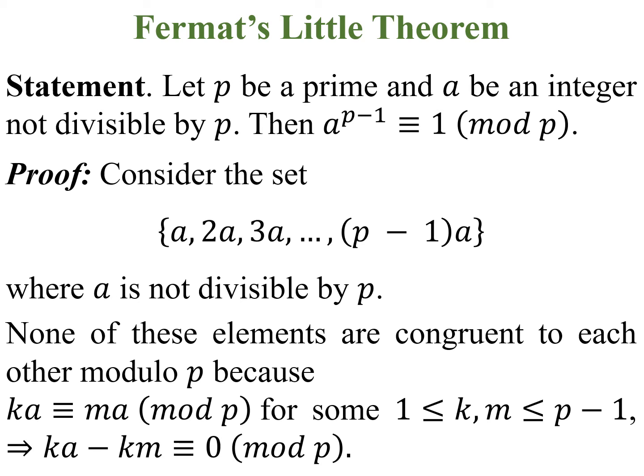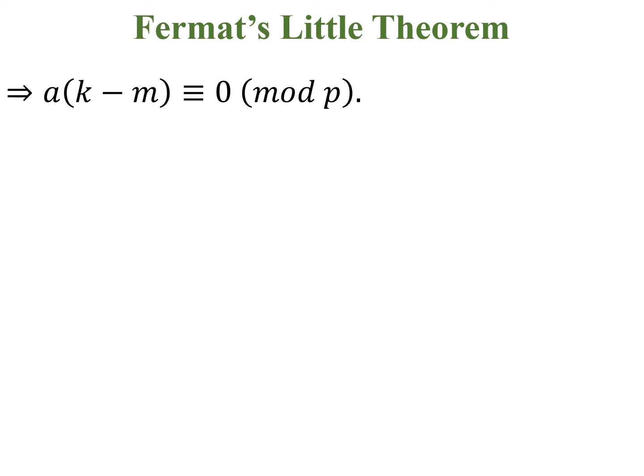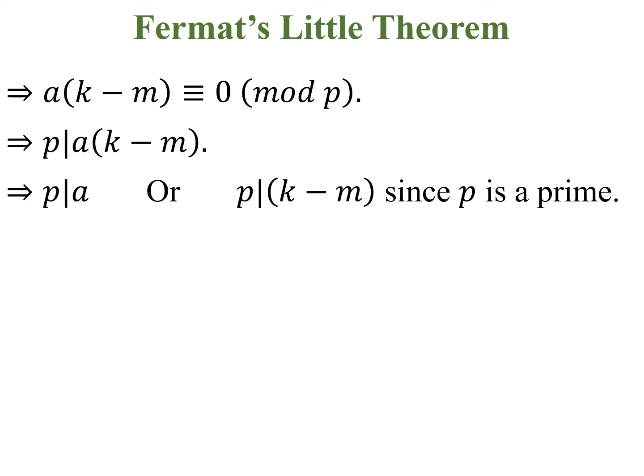Then what can we say? Ka minus Ma is congruent to 0 modulo P, or you can say P divides Ka minus Ma. That means P divides A times K minus M. But P does not divide A and P is a prime, so P must divide K minus M.